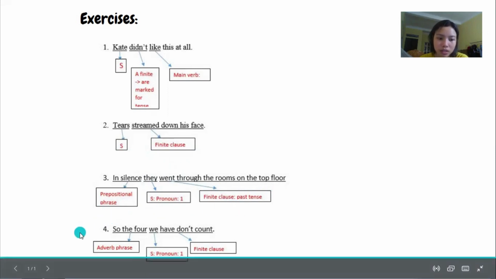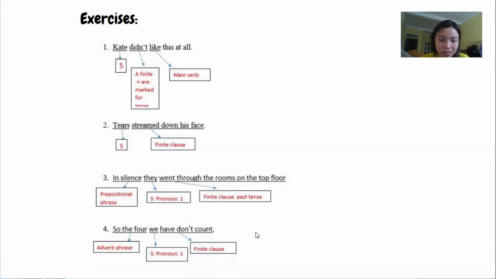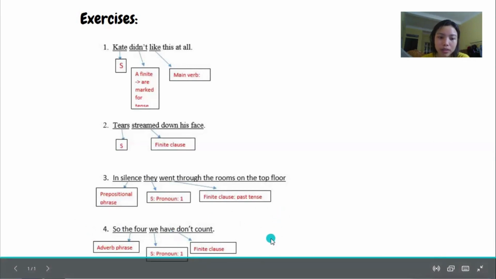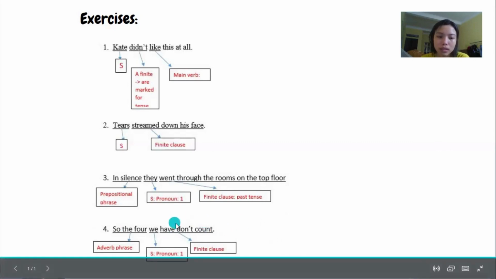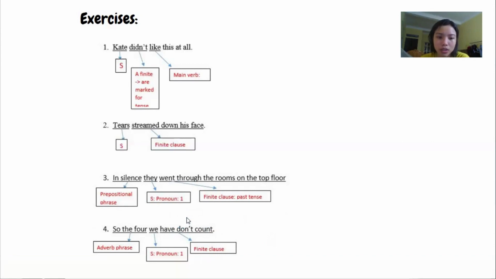The final sentence: "So therefore we don't count." In this sentence, "so therefore" is an adverb phrase, and "we" is a pronoun in the first person. "Don't count" is a finite clause because we only have one verb playing only one action in this sentence.